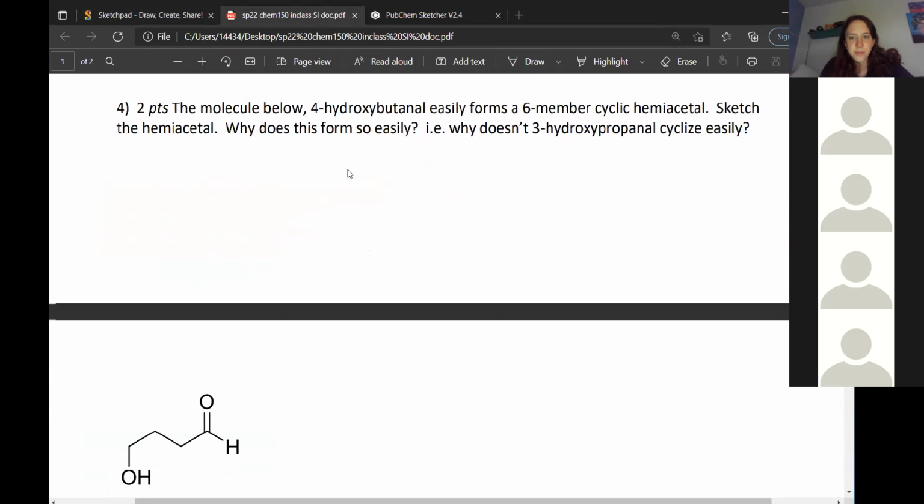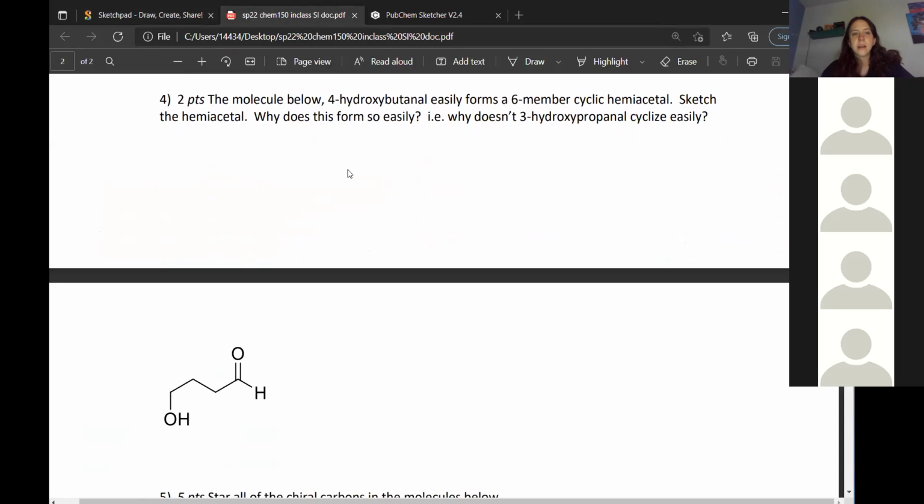All right, so this one's kind of split up into 2 pages. So the molecule below, for hydroxybutanol, easily forms, and a correction here, a 5-membered ring. So just know that in this 5-membered ring. Sketch the hemiacetal.